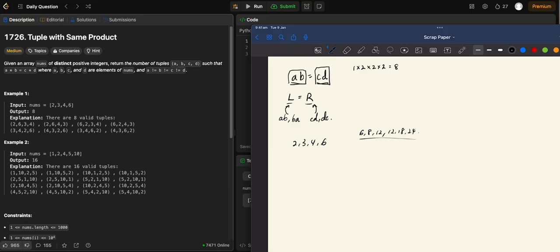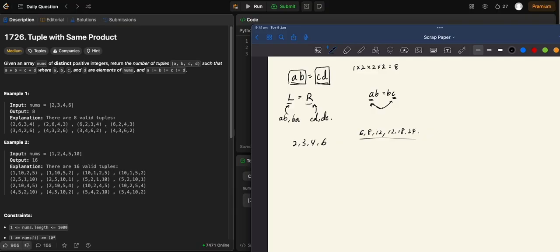Firstly, because the whole nums array is distinct, and secondly, if we do have one number overlap, so let's say AB equals BC, what that means is A is equal to C. But we are guaranteed that all the numbers are distinct, so they have to be the same element, and therefore we are never double counting anything.